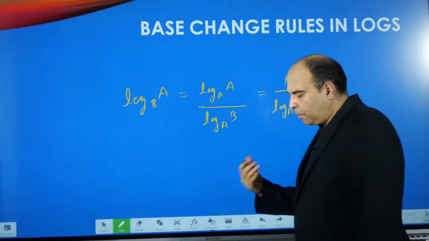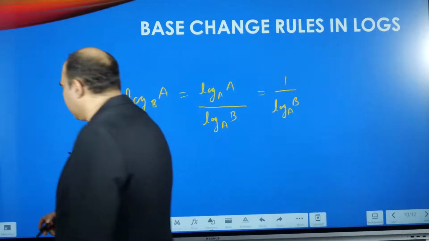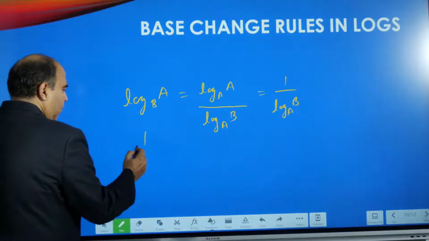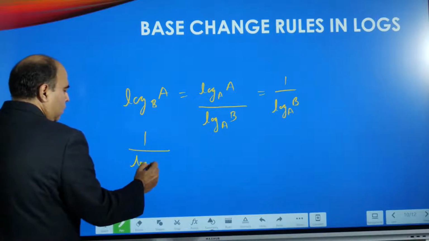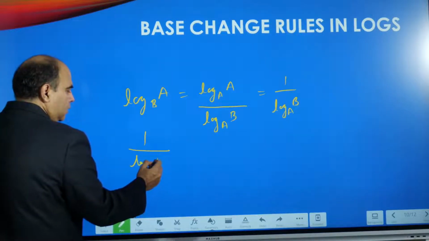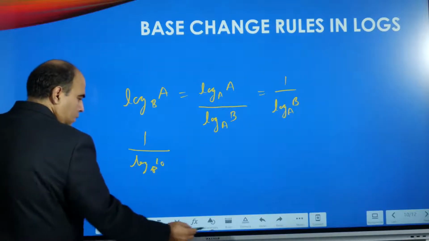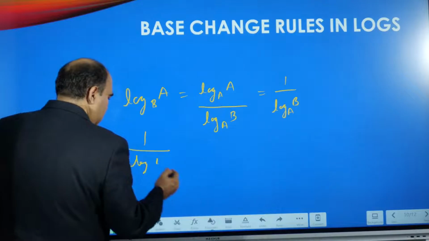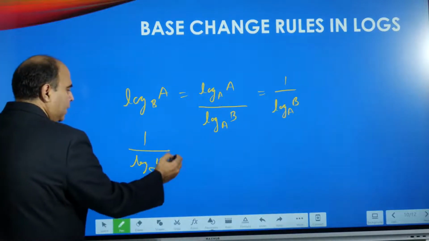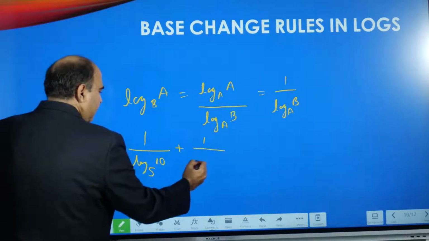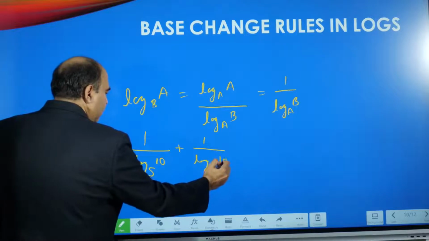So this is used very commonly. CAT 2018, for example, had a question which talked about 1 upon log 10 to the base 5 plus 1 upon log 10 to the base 2.